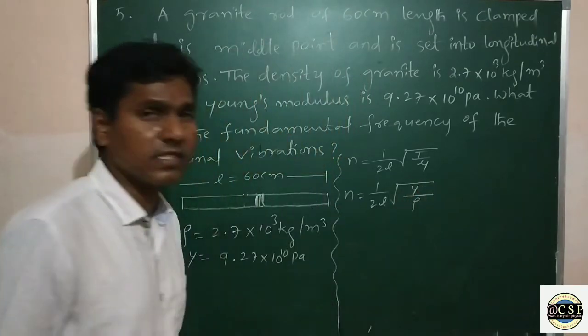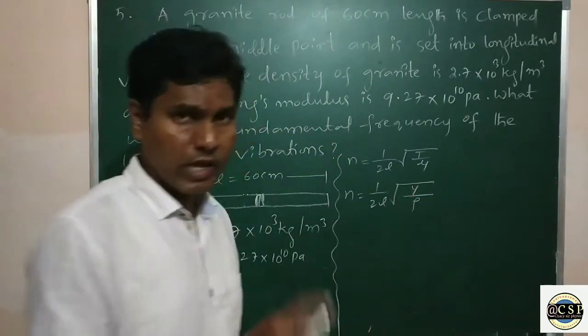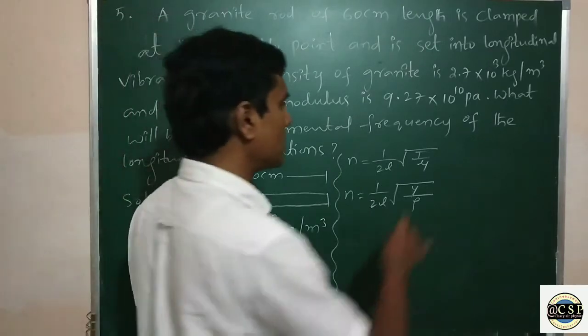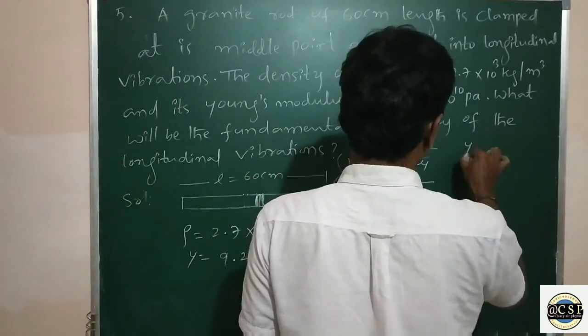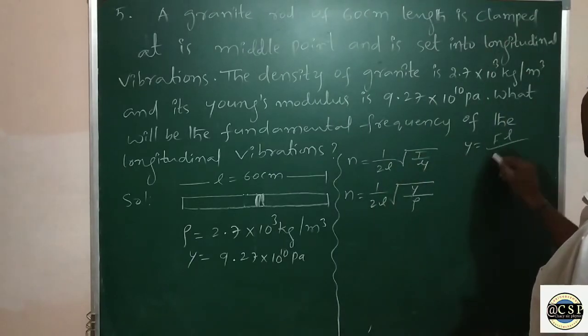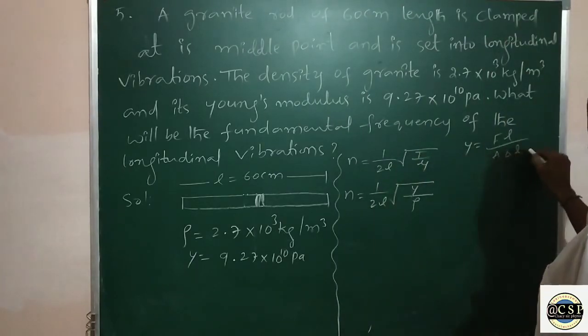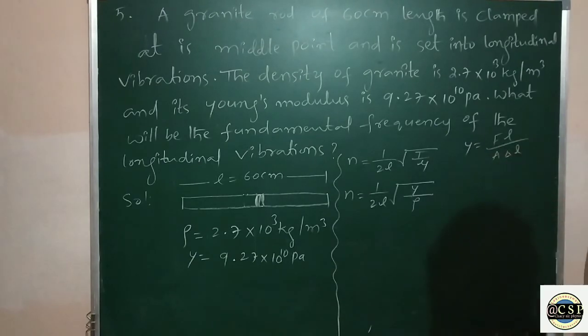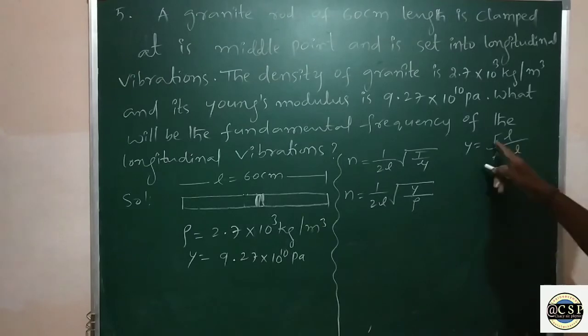Young's modulus is divided by rho because we have learnt in the first year that Young's modulus Y is equal to FL by A delta L. We discussed that in the previous class, that is in first year. So FL by A delta L.